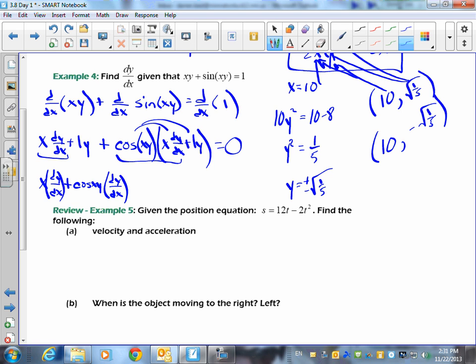Now, in this next step, I'm going to move everything that doesn't have a dy dx on it over to the other side with the opposite sign. So I'm going to go equals negative 1y, because that's this one moved over to the other side. I'm going to do the same thing with y cosine xy.